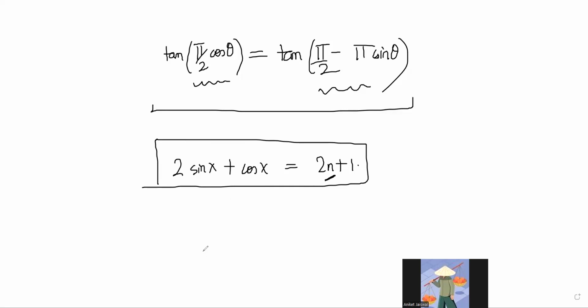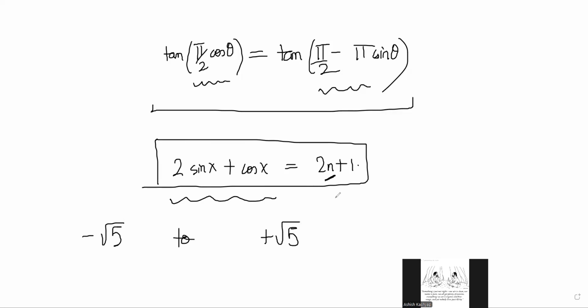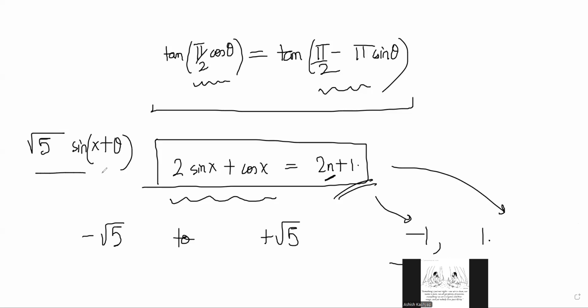It has solutions only when you realize that this part is going from minus root 5 to plus root 5, so this should be odd numbers in that range. So it will be minus 1 or 1. Correct? And then you have to take those separate cases and solve it after converting it into the form root 5 sine x plus theta.